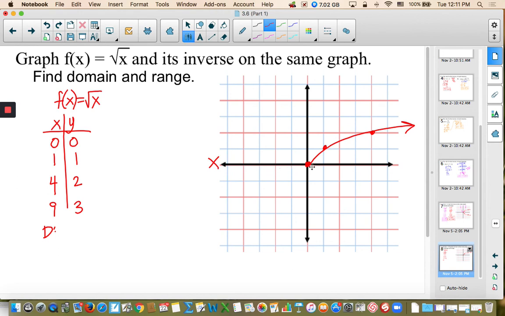The domain starts at 0 and goes to the right forever. It does include 0, so that would be 0 to infinity. And the range, that's the y's. So again, it starts at 0 and it's going to keep going up, so that's also 0 to infinity.